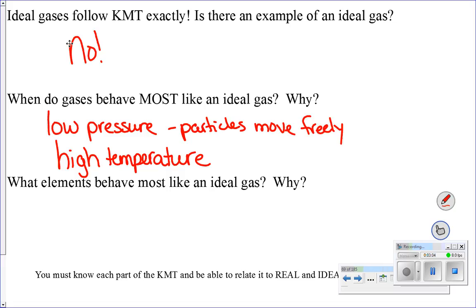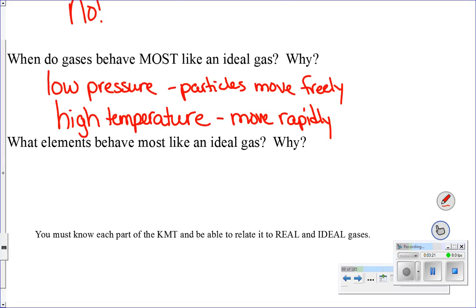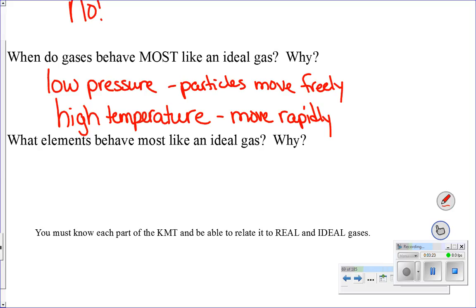They can just do gas stuff. When we store them at a very high temperature, the particles are going to move rapidly. By moving rapidly, they're going to have the most gaseous behavior. We think of gases as being fast-moving particles. So those are the conditions under which gases are going to behave most like ideal gases.